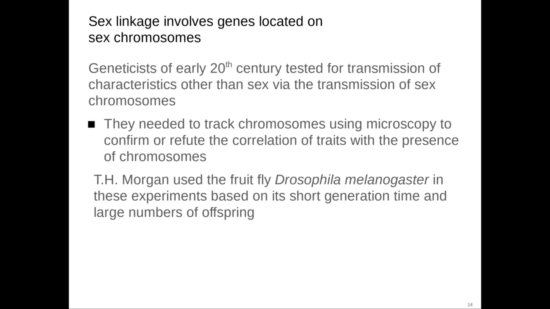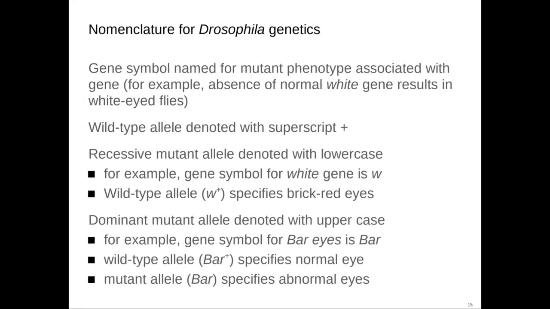But we really didn't get anywhere until T.H. Morgan actually started using Drosophila melanogaster, which we're going to use in lab, and it's also a model organism for understanding many processes. But he used Drosophila because it had really short generation time and produced large numbers of individuals. And so they used Drosophila to track sexual chromosomes, to track how things were passed on from one generation to the next, to understand this idea of sexual linkage.